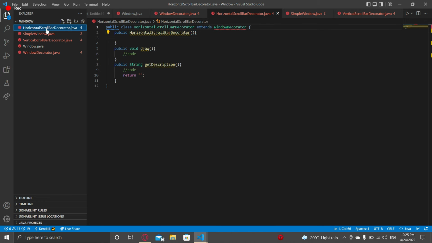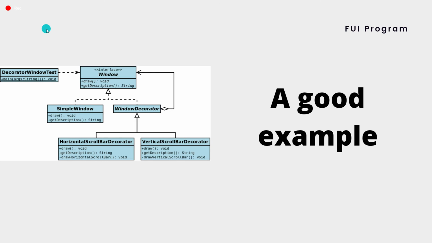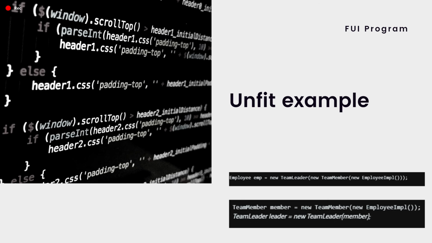the same things. Okay, these are good examples, but we have an unfair example. In this case, we chose an example of employee that we can see in the presentation below. In the first image, the employee emp is equal to new team leader and new team member and new employee implement.